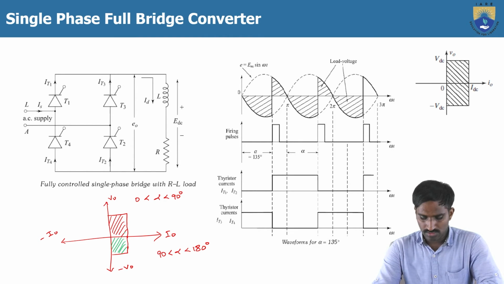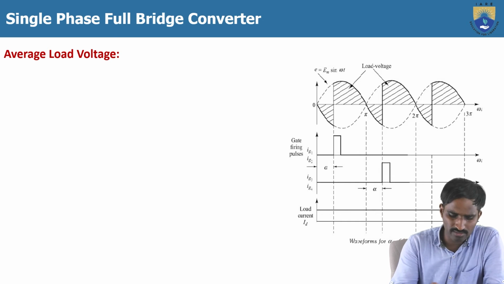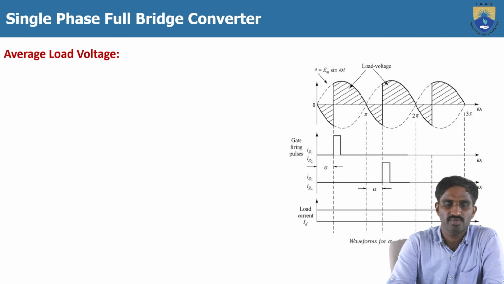Then how to derive the output average load voltage and RMS load voltage and load current. So again the same basic equations that I am writing here.